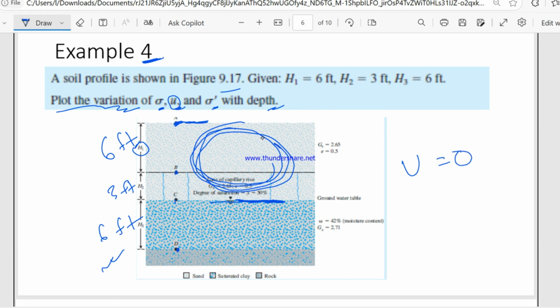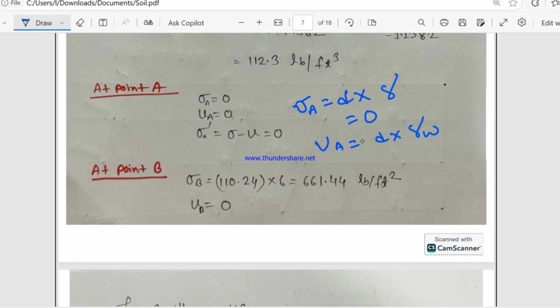So our point A is located above the groundwater level or table. So pore water pressure is 0, and effective stress will also be 0.